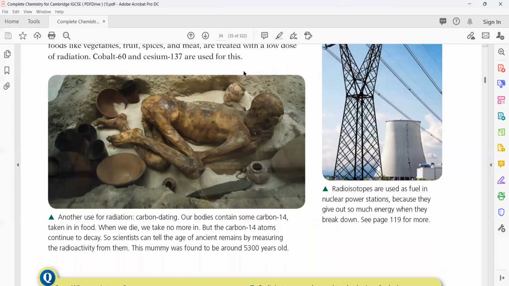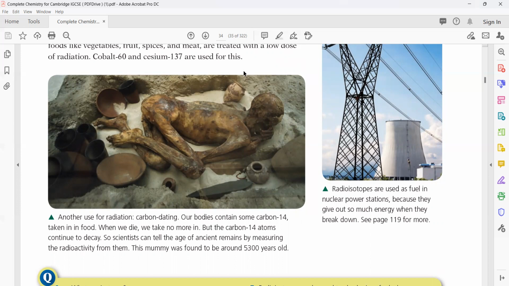Another use of radiation is carbon dating, a very important part. Many times this question was asked in the exam. In carbon dating, bodies containing some carbon 14 take it in with food. When we die, we take in no more, but the carbon 14 atoms continue to decay.